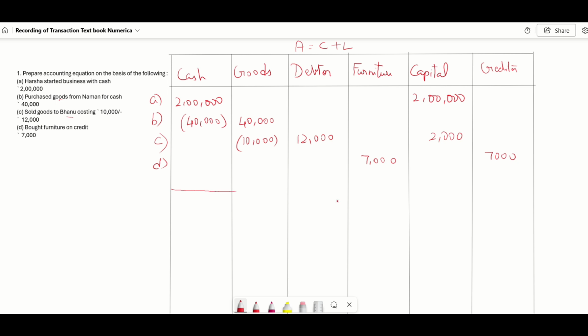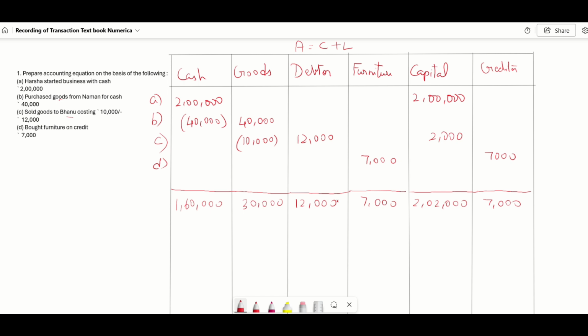Now, let's see the sum total of it. Cash will stand at 1,60,000, goods at 30,000, debtor at 12,000, furniture at 7,000, capital at 2 lakh 2,000 and creditor at 7,000.